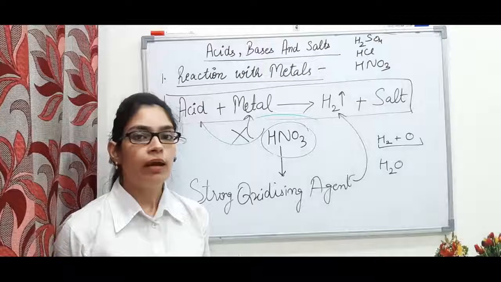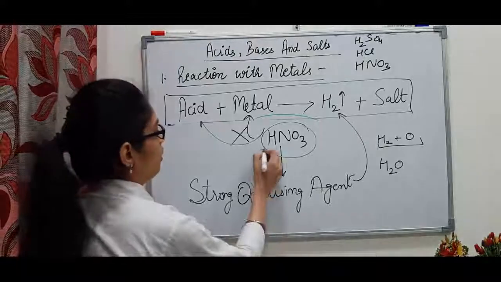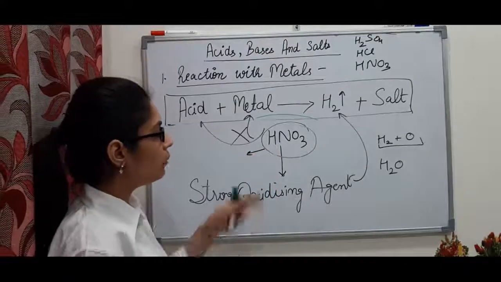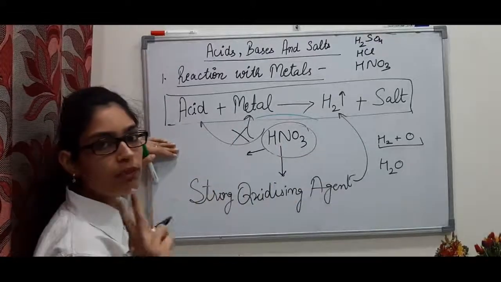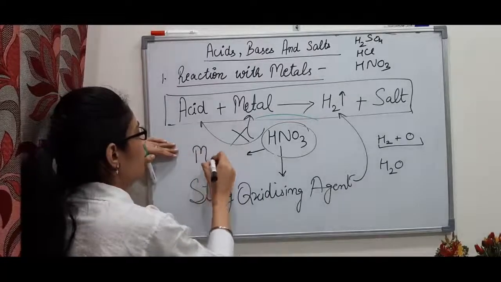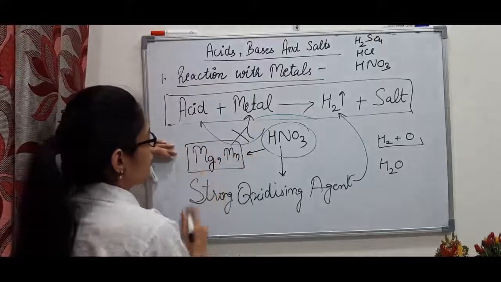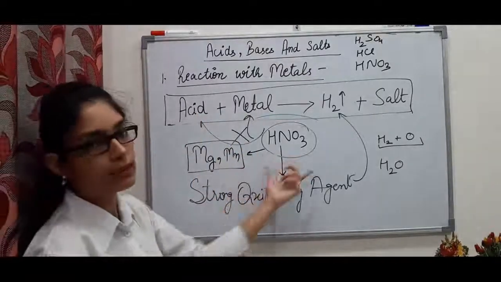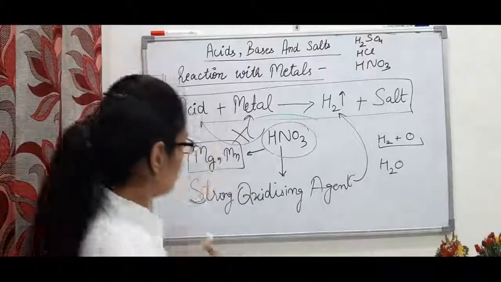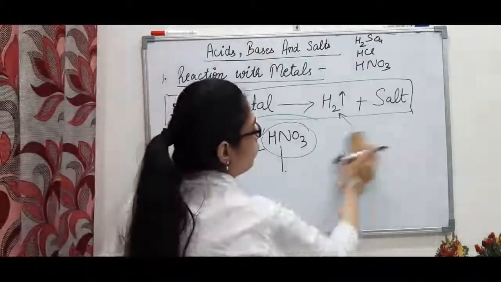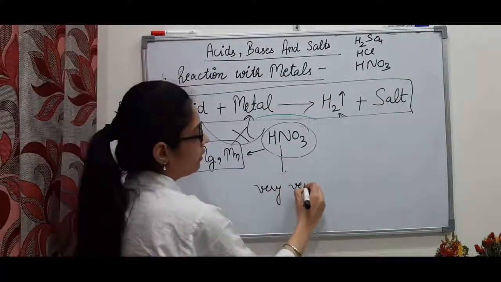But again, we do have one exception with this acid. Just now we have told that it is not possible, but this acid is possible with two substances or two elements, we can say. Those two elements are magnesium and manganese. This reaction is possible with nitric acid if we use magnesium or manganese as our metals. But the only thing is that this nitric acid should be very dilute.